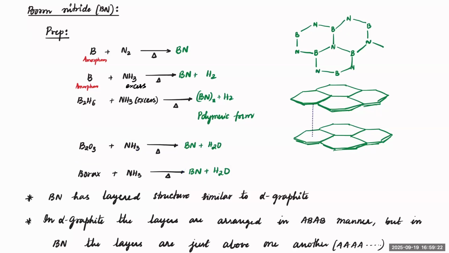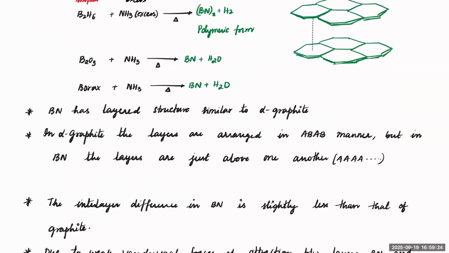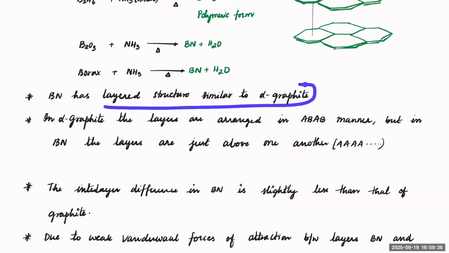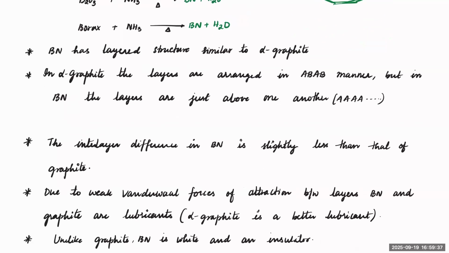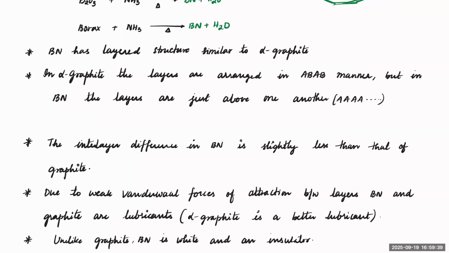Boron nitride has a layered structure which is very similar to alpha graphite. Graphite has many forms, alpha and beta. Alpha graphite has an alternating structure, an AB type of structure.